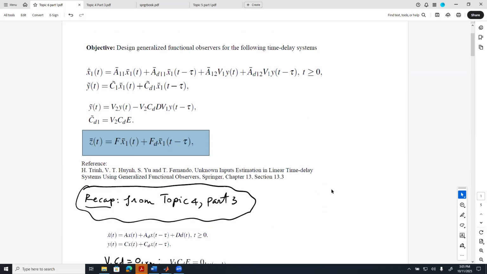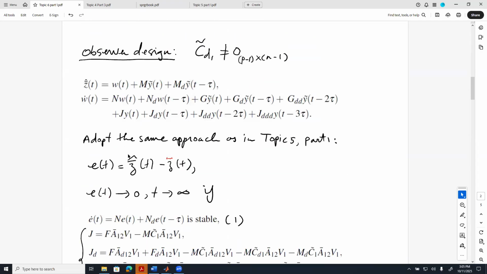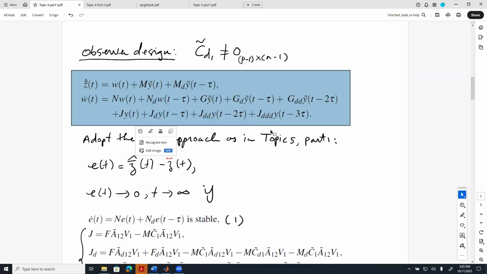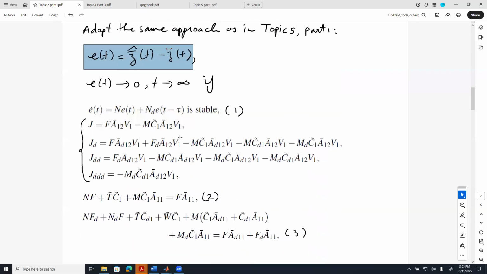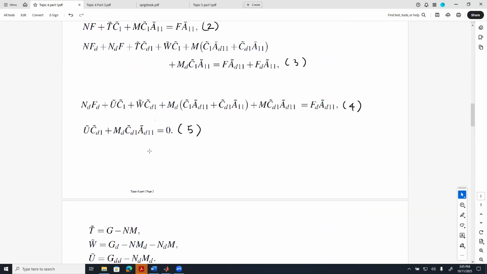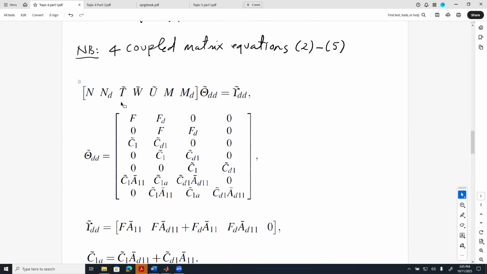The way we solve this problem is based on a very standard framework where we propose the structure, we define the error vector, and we derive the observer existence conditions. And then we work out the if and only if condition for the existence of the observer parameters.